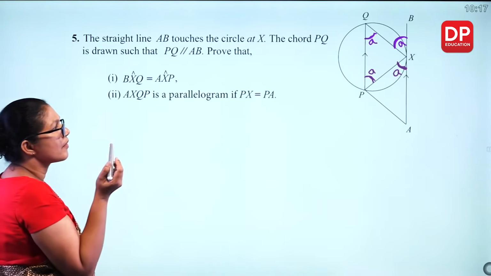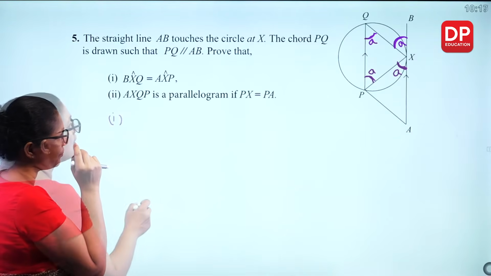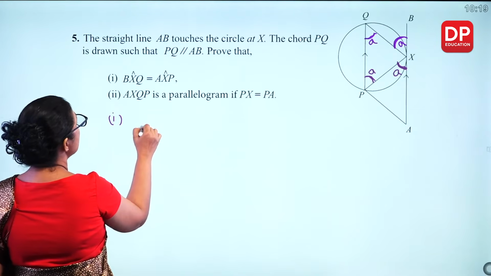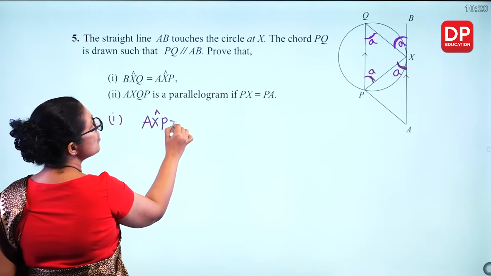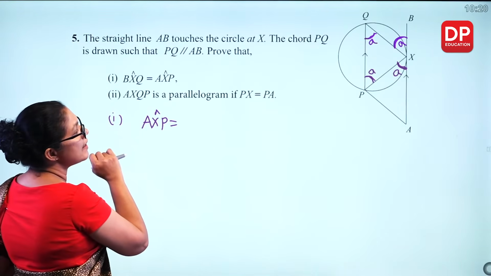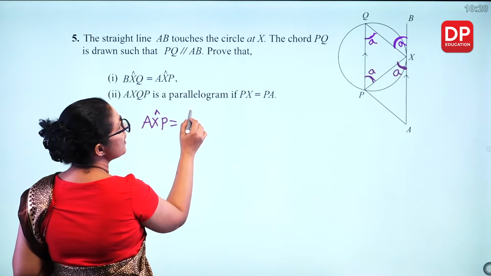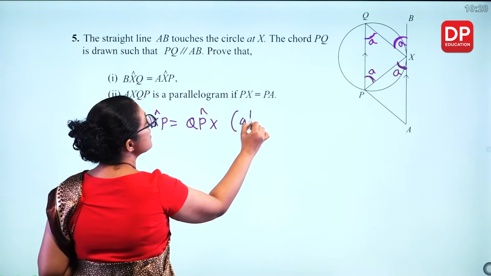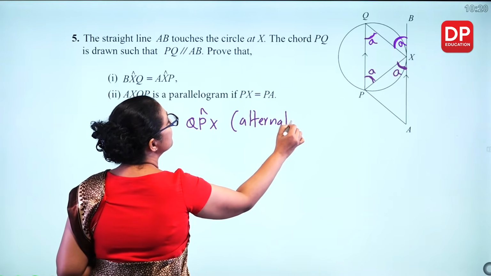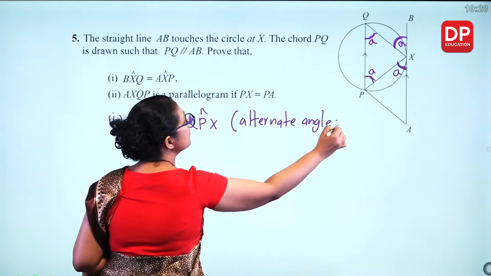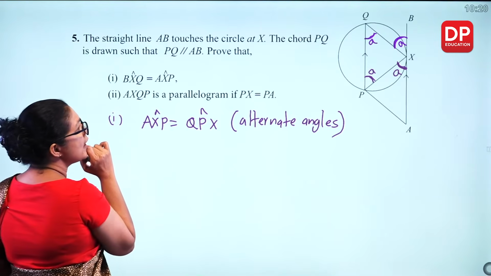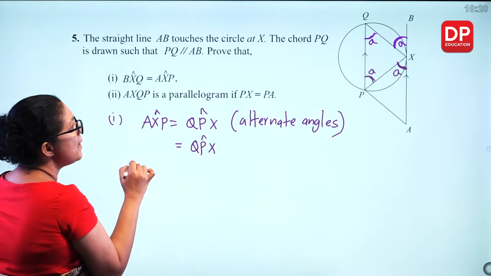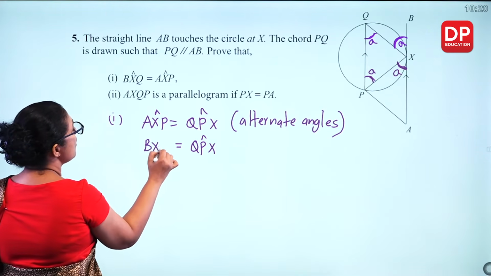So first we can write down AXP angle is equal to QPX angle, that's alternate angles. But we know QPX angle is equal to BXQ angle.